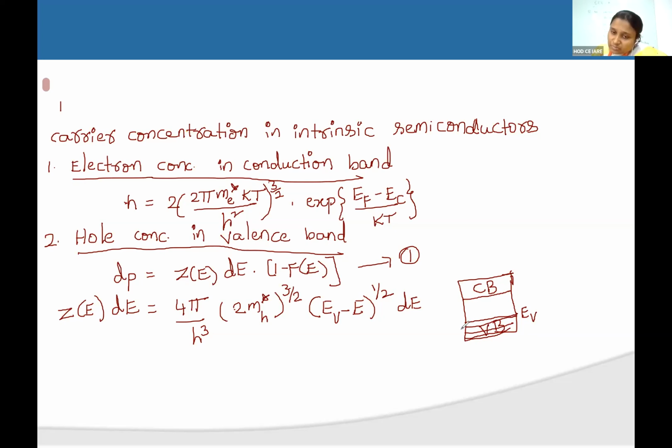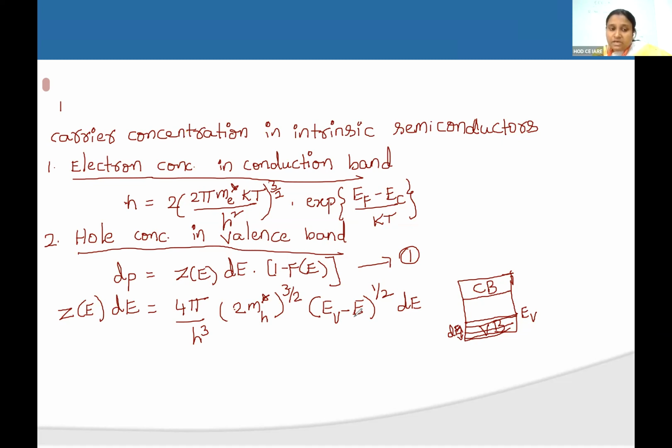The small energy interval dE is the set of energy levels present below EV, not above EV, because the energy levels above EV are the forbidden energy gap. Since we are calculating hole concentration, we have to consider energy levels below EV. So in place of E, we substitute EV minus E. I discussed this yesterday. I hope you have no doubts about it.